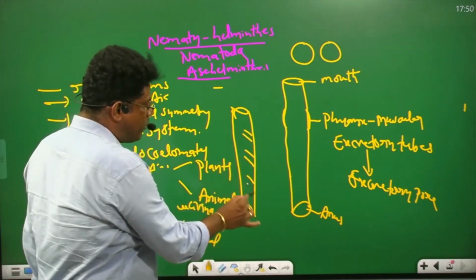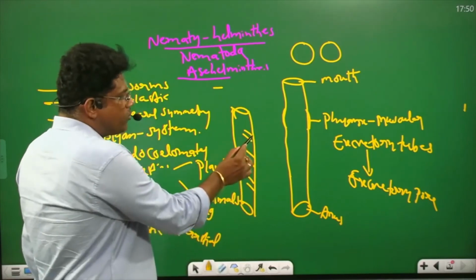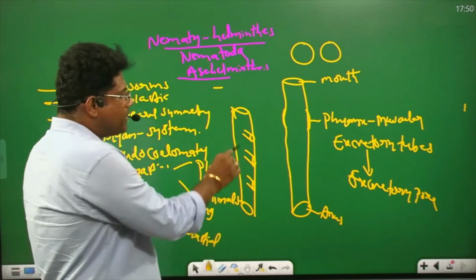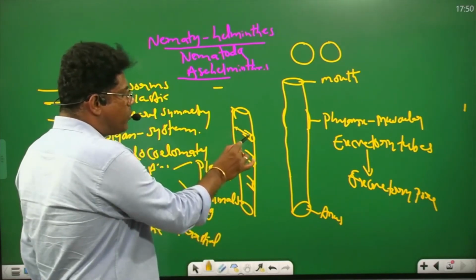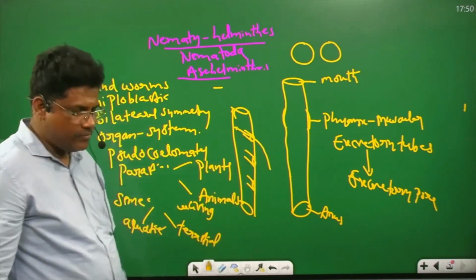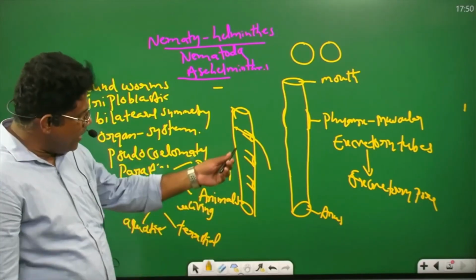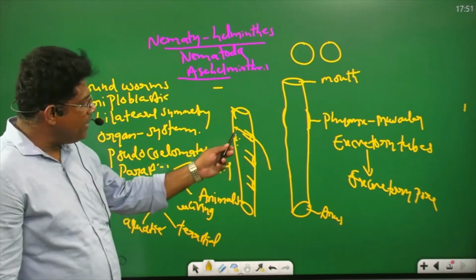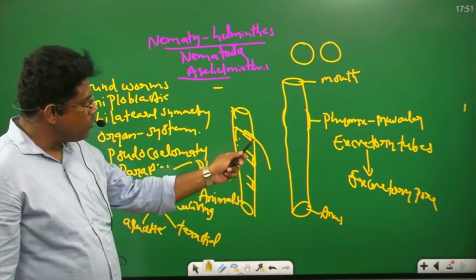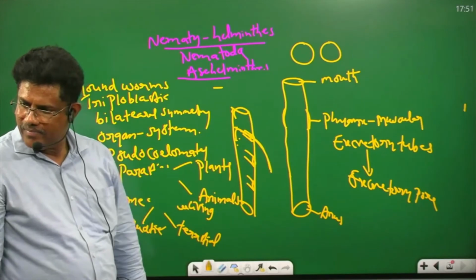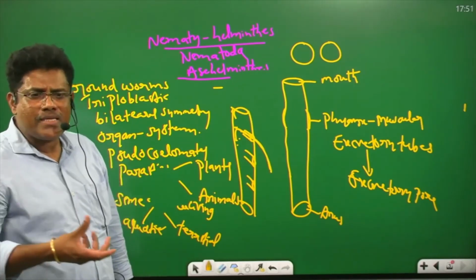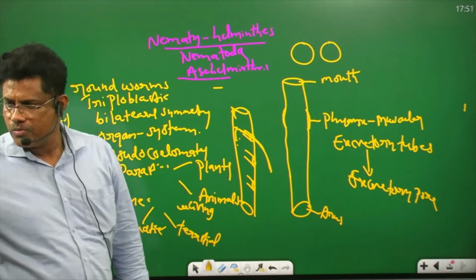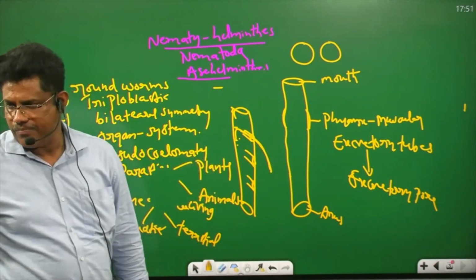The excretory tubes open outside through pores. Excretory product is released into the tubes and comes out through the pores. In the body, excretory material, fecal material, enters the tubes, tubes to pores, pores to outside. Any doubt? That is the importance of excretion.